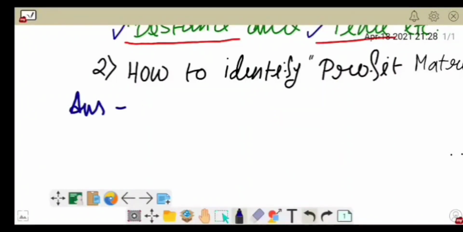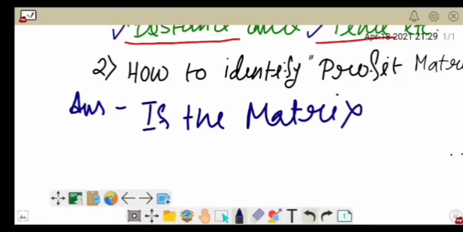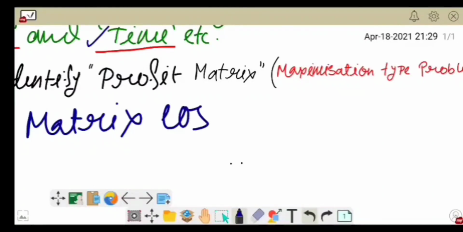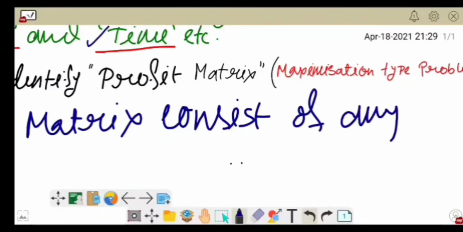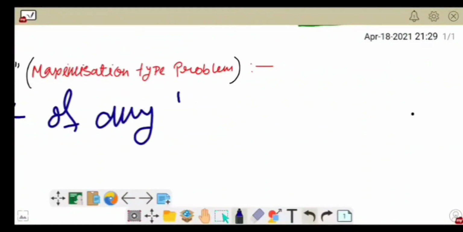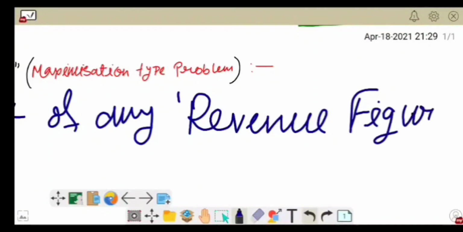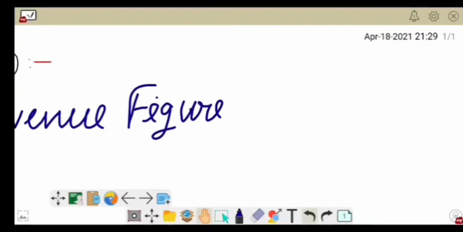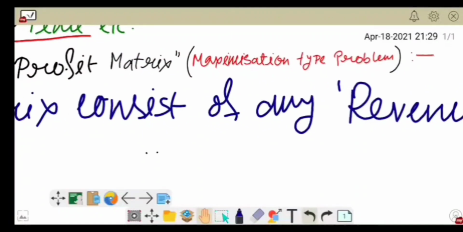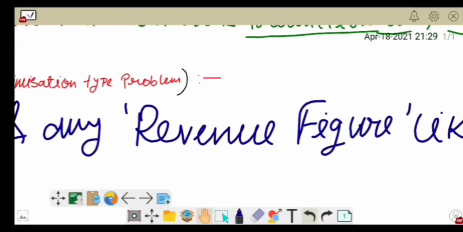Answer: if the matrix consists of any revenue figure, because you guys can understand, when the term profit comes with the matrix, there will be some revenue nature of words.